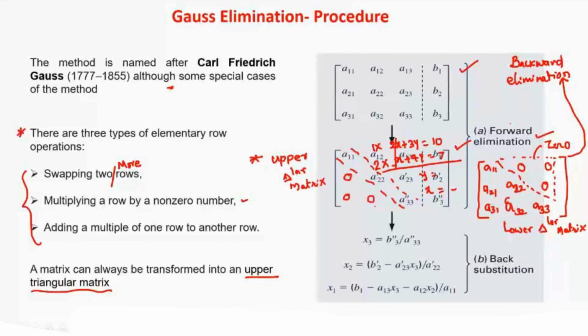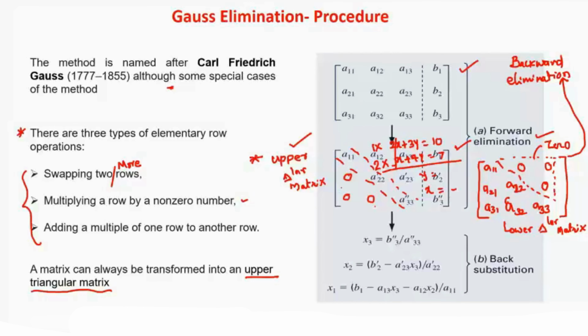So this is the opposite. To get the upper triangular matrix, we apply forward elimination, and to get the lower triangular matrix, we apply the back elimination procedure. Here we especially refer to the upper triangular matrix because it is popularly used in many cases.